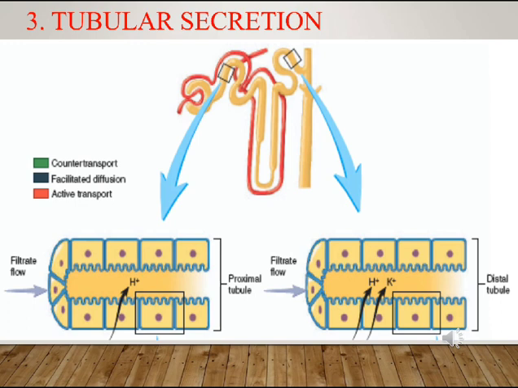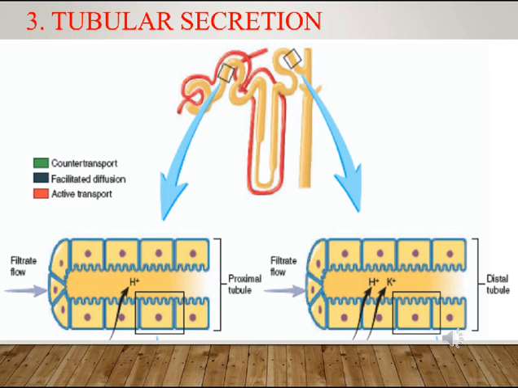Various ions are secreted, including hydrogen ion, ammonium ion, sodium, potassium, bicarbonate ions, uric acid, and some weak acids and bases. Hydrogen ion is secreted in the proximal and distal tubules.